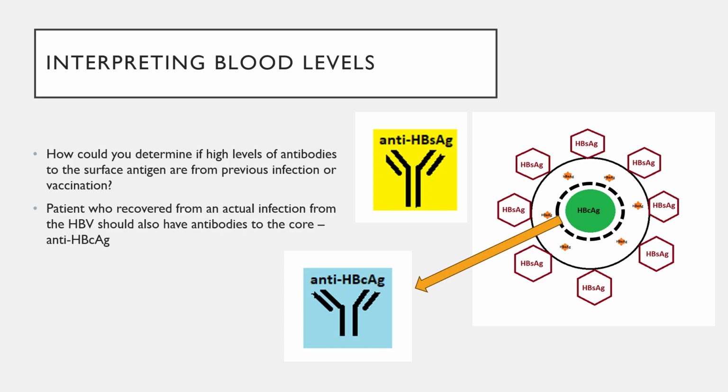Here is the diagnostic mic drop. If someone recovered from a real hepatitis B infection, they will also have anti-HBc. Because remember, you only develop core antibodies if the actual virus entered your body. The vaccine does not contain core antigen, so the patterns look like this. Vaccinated, you will see anti-HBs and not anti-HBc.